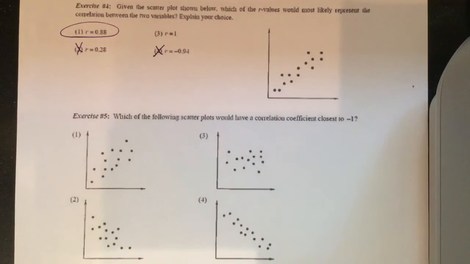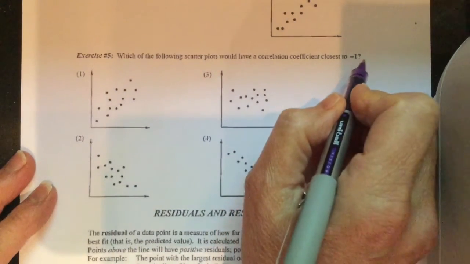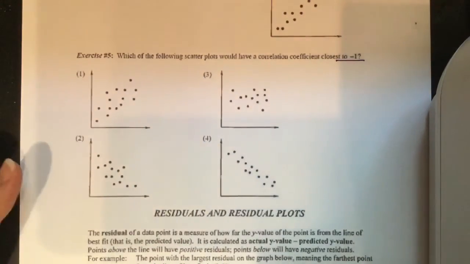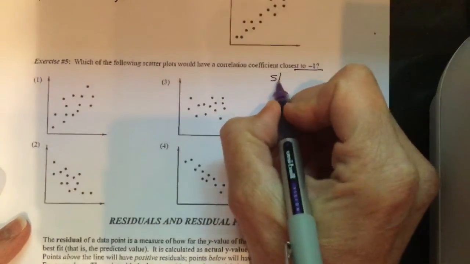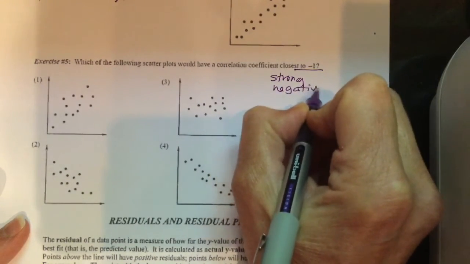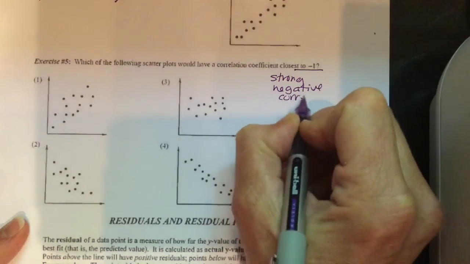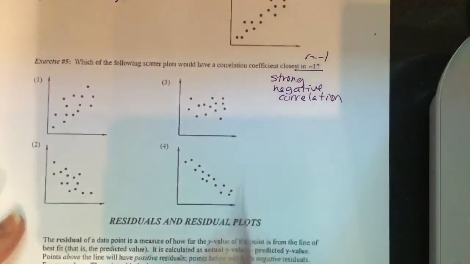All right, so that's for the positive. This next one, we want to look at these examples and see which one has an R value close to -1. So remember, when R is -1, this means a strong negative correlation. This is saying R equals -1.